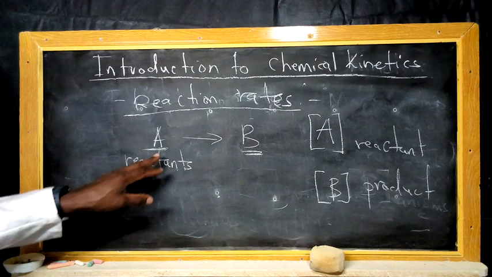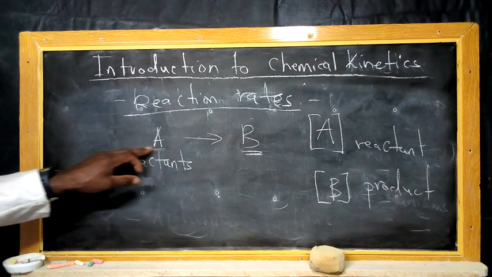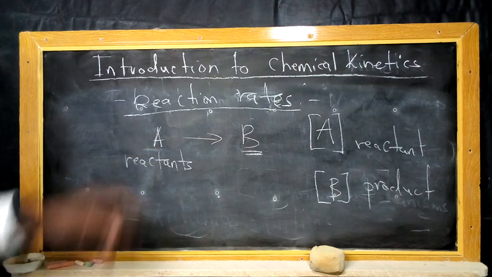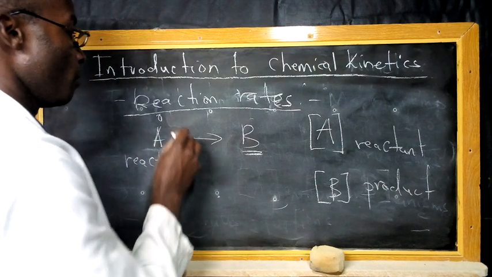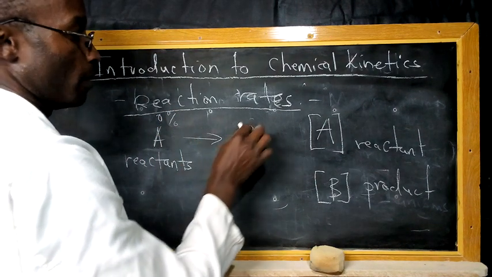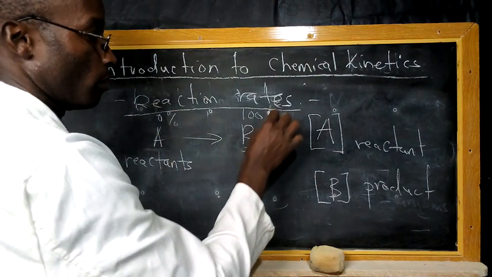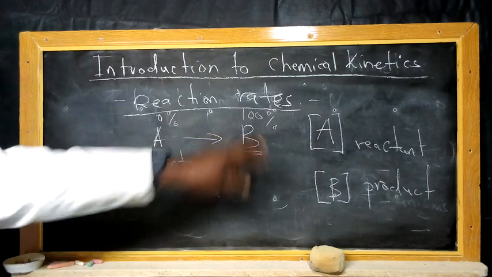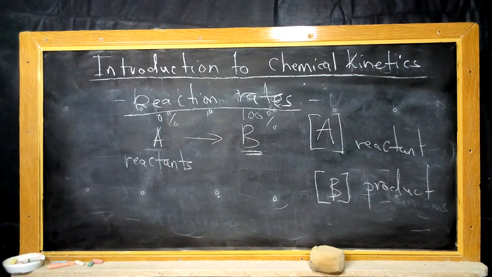Of course we can literally say that the percentage of A at the end of the reaction will be 0%, and then the percentage of B at the end of the reaction, which is a product, will be 100%. So A has been fully consumed to form that product.